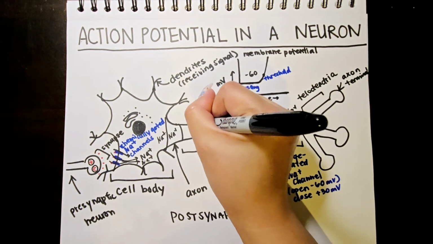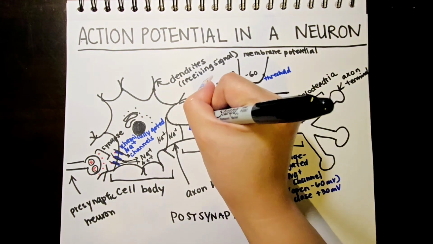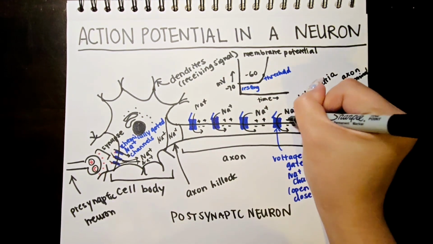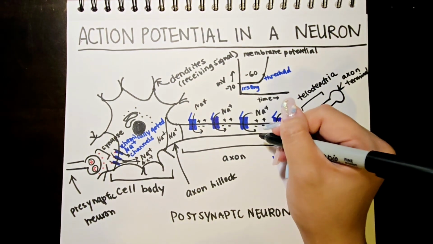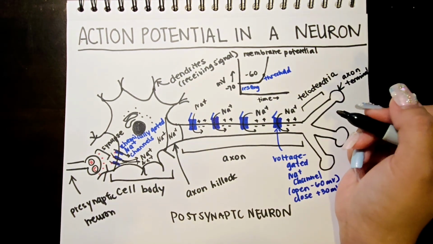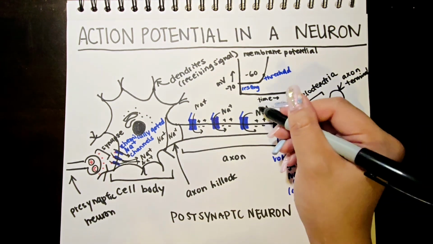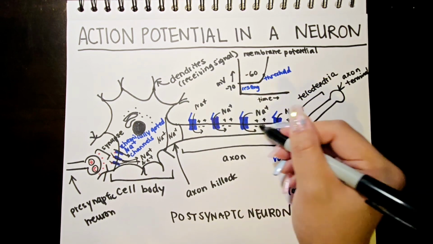But remember that the inside of the neuron is negative charge, whereas the outside of the neuron is positive charge. So that is one of the key things that drives sodium ions towards the inside of the cell when the channels are open, because there's an attraction of charges. In addition, there's also a concentration gradient where sodium ions are more on the outside compared to the inside.